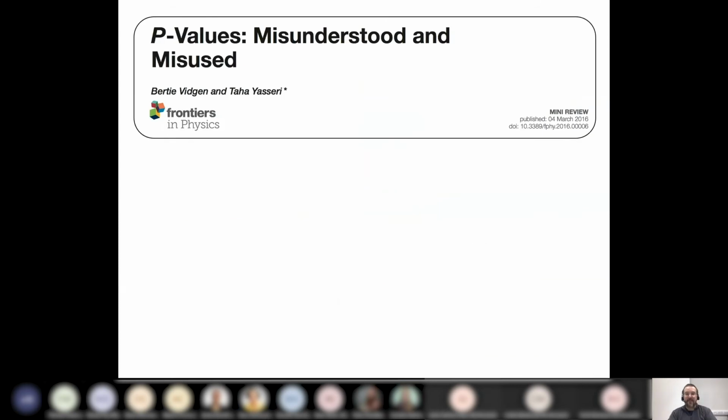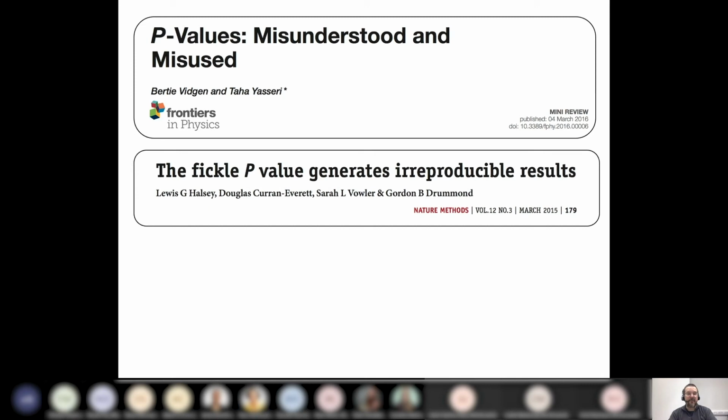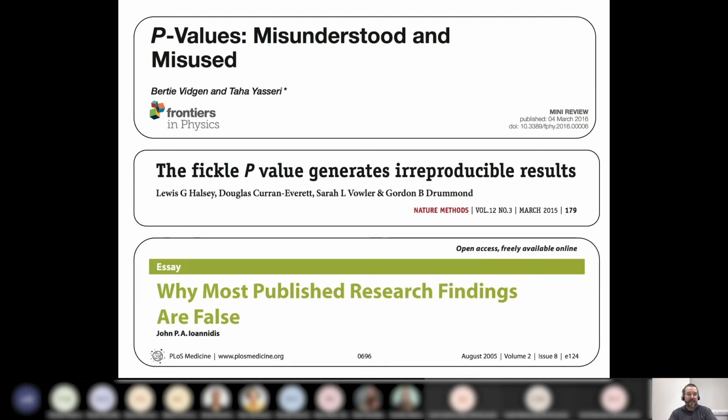Misunderstanding and misusing p-values led to lots of problems, as you can see from this headline. It's a paper published a few years ago, another one which talks about irreproducible results, and probably the most famous one published quite a while ago, why most published research findings are false.